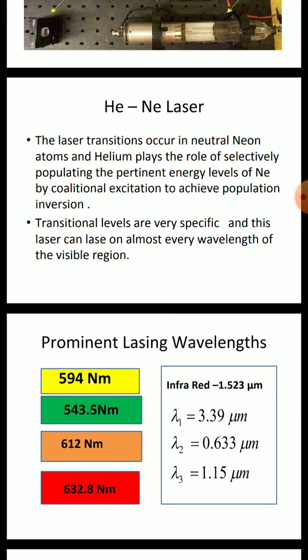There are certain other wavelengths also on which this laser can lase. In the infrared region, you have 1.523. Lambda 1 is defined as 3.39 micrometers, lambda 2 as 0.633 micrometers, and lambda 3 is equal to 1.15 micrometers.